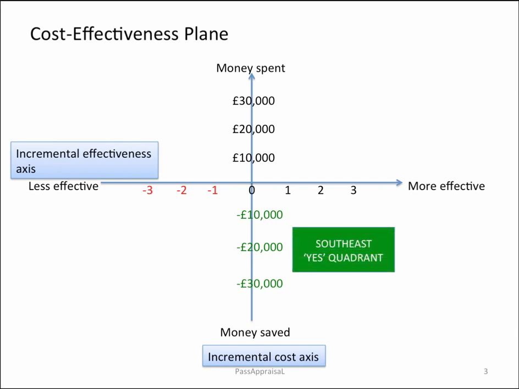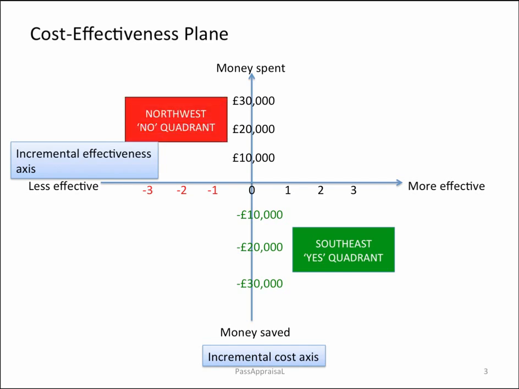The ICER value estimated for any new intervention can fall into one of the four quadrants. If it falls on the southeast quadrant, then the new treatment is certainly cost effective, as it is not only more effective but also requires less investment.